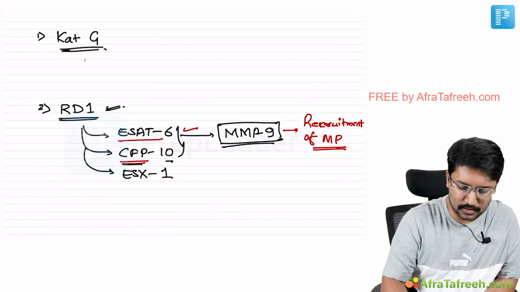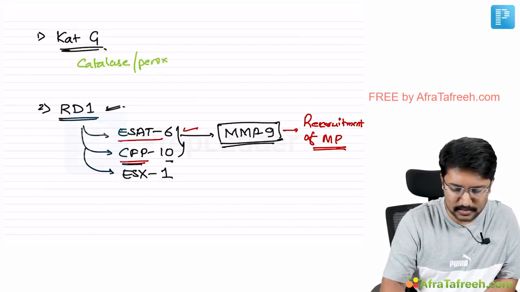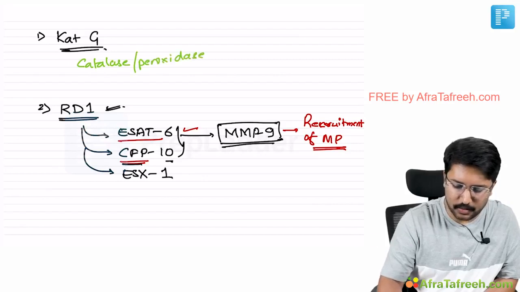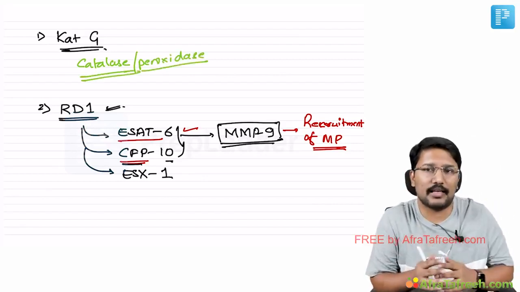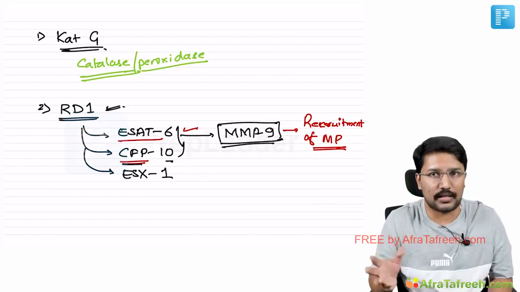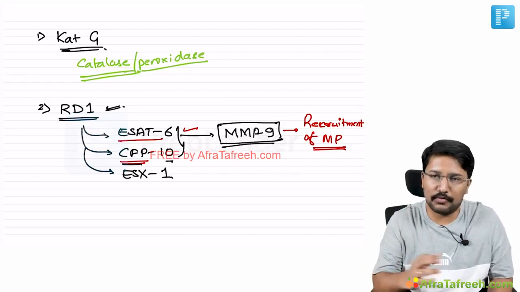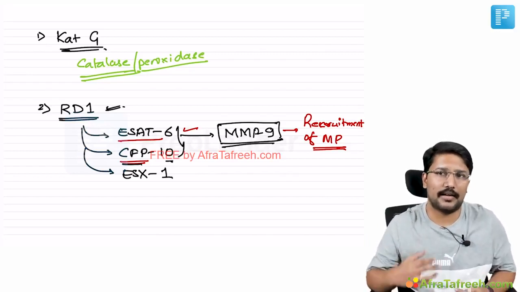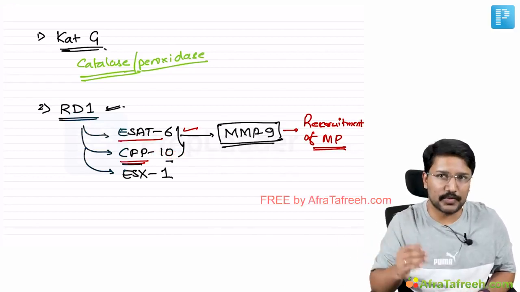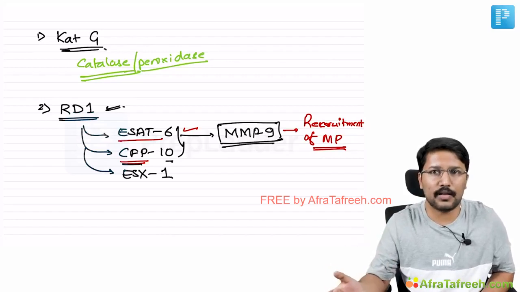CATG actually codes for a catalase peroxidase enzyme system. Now, even if the MTB bacilli is able to survive inside the host cell, that is the macrophage, by preventing acidification and by preventing fusion with the lysosome, and it is able to replicate and infect other cells with the help of ESAT6, CFP10 and the secretory system ESX1, right?